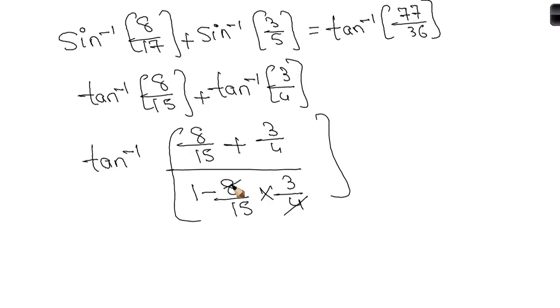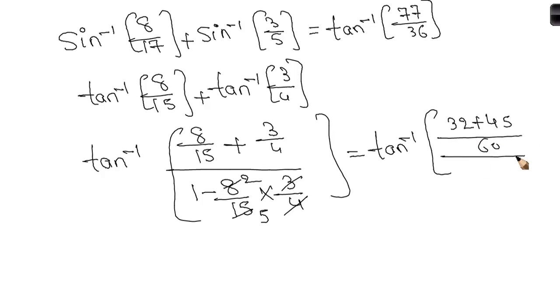This cancels, 2 times this cancels, 5 times. So that is tan inverse of 32 plus 45, 77 upon 60, upon 3 upon 5.